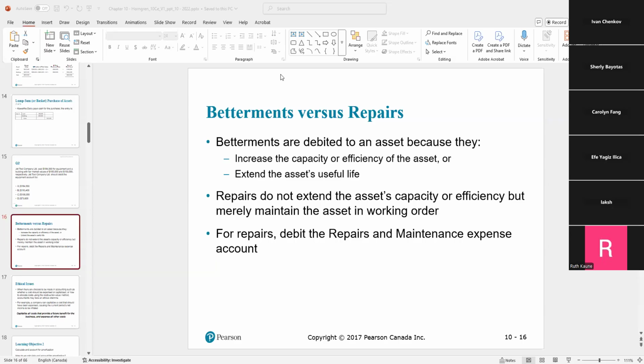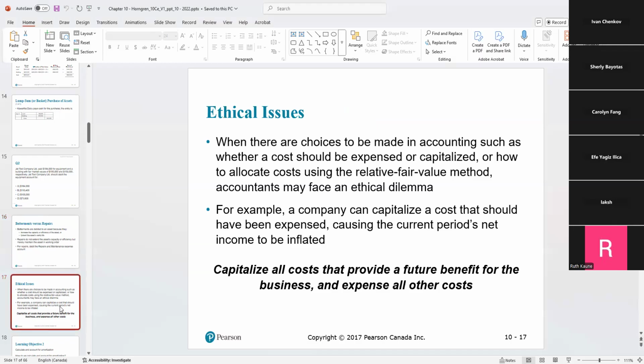What's that for me? Repair or betterment? Okay. So you get the idea. Good. Now let's go to the ethical problem.